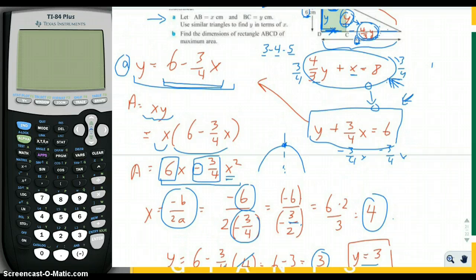If you multiply the whole thing by 3/4, the left side is going to be y plus 3/4 x equals 6. And you can see that that's the same as that. So these are the exact same equation.